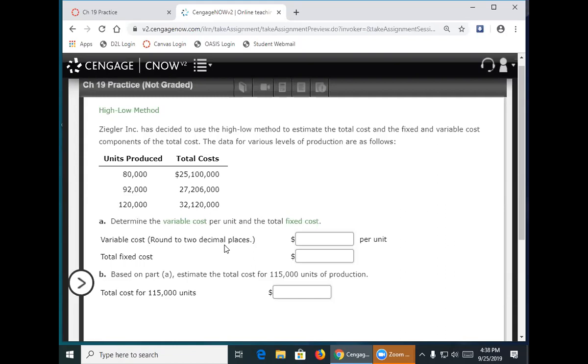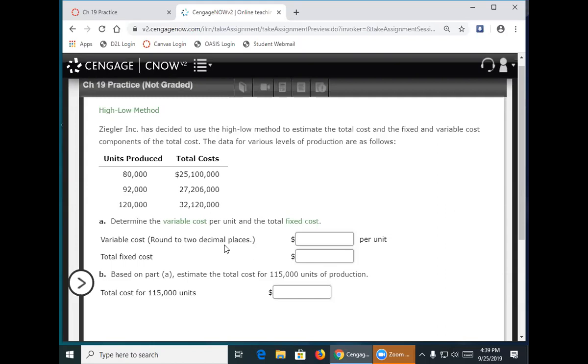So we are going to solve for variable costs. Using the high-low method, we do the change in cost: the highest cost minus the lowest cost, so 32,120,000 minus 25,100,000.